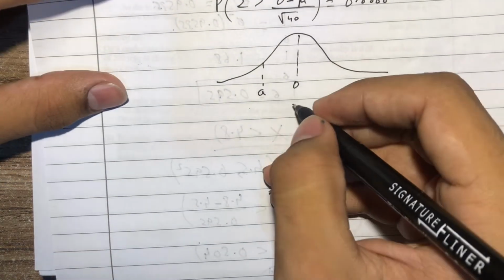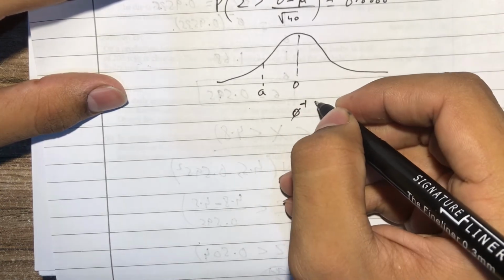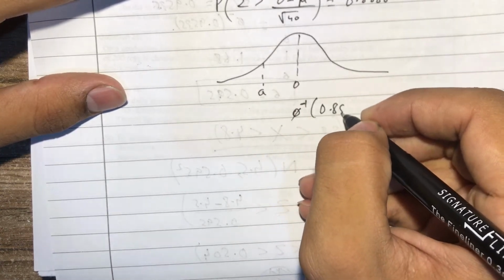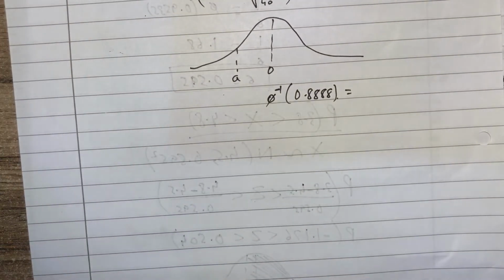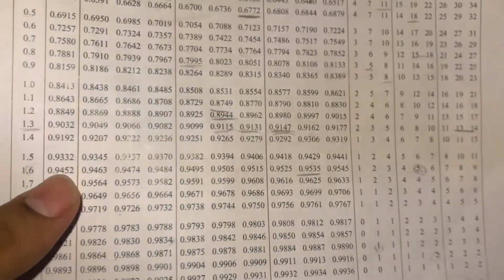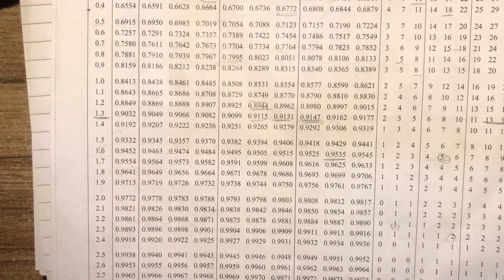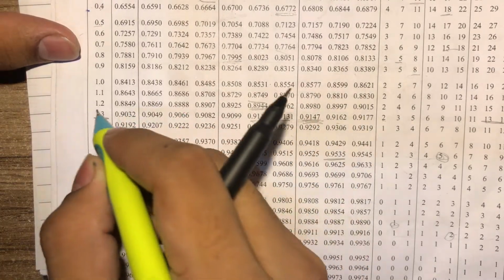Now when I do phi inverse of 0.8888, this will give me a value, so I look for 0.8888. 0.8888 is 1.22.